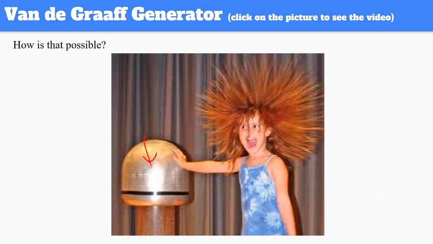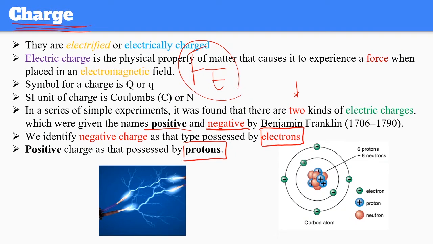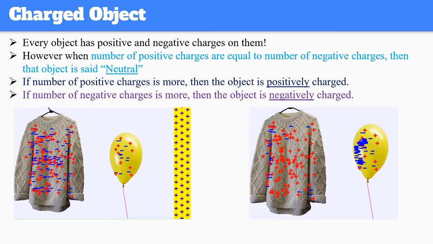Then why don't we see this picture in our daily lives? Why don't we just run the water and it bends? Since we have charged protons and electrons in everything, we expect things to shock each other. But nothing is shocking each other. What is the reason for that?